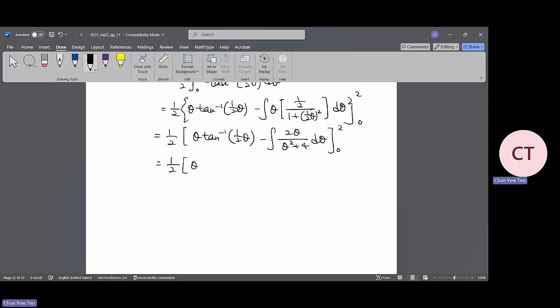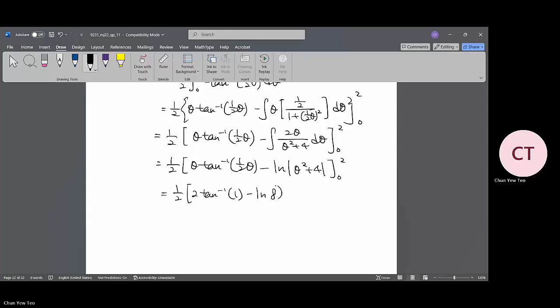This is what I get. Minus a ln of modulus theta square plus 4. Substitute 2 inside. You get 2 arctangent of 1 minus the ln of 8. Minus this, 0 minus the ln 4.